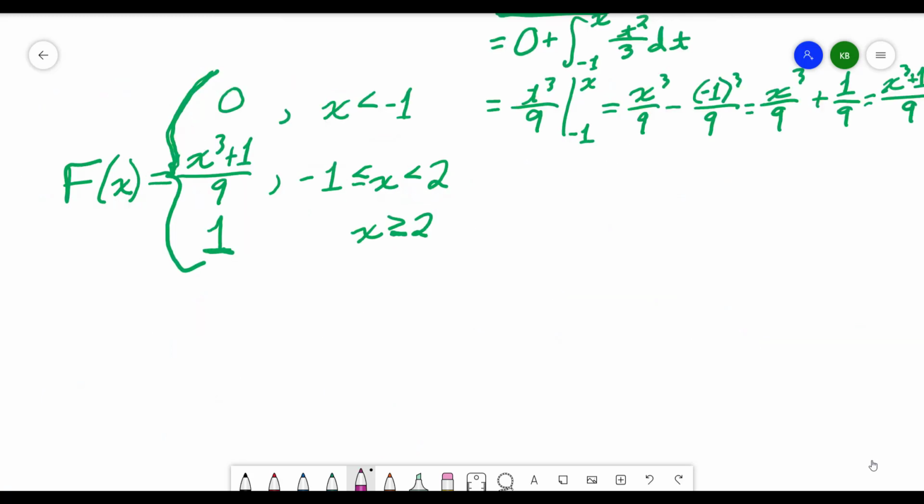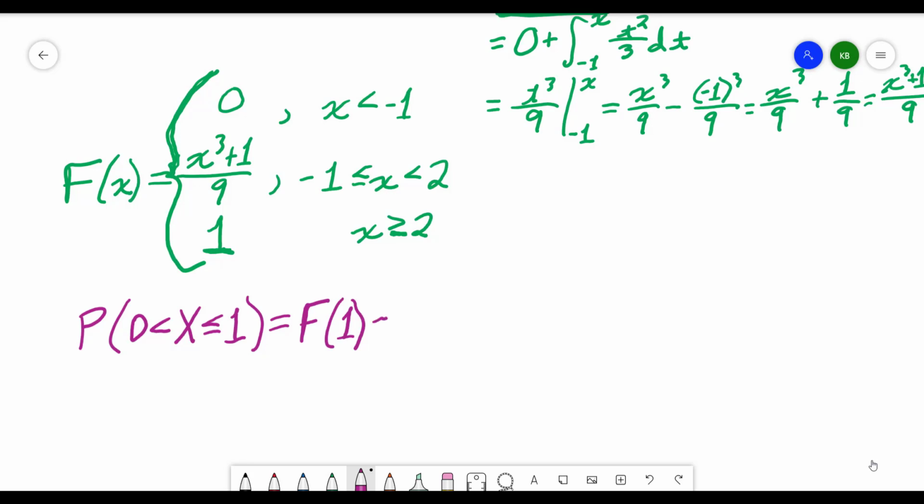So now let's revisit this idea that I want to know the probability that my random variable falls between 0 and 1. So with a cumulative distribution function, if I take F of 1, this is going to tell me the probability that my random variable takes on any value up to 1. But I don't care about the values that are less than 0.